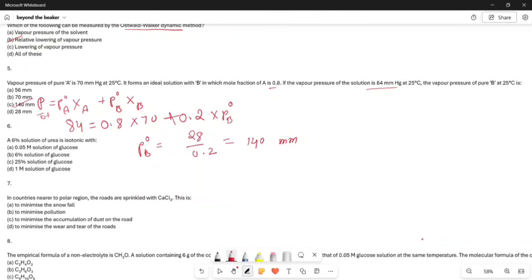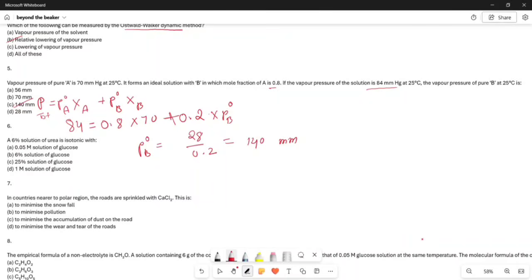Now listen to me. The question is based on Raoult's law for liquid-liquid mixtures. We are mixing two liquids, A and B. The partial vapor pressure exerted by liquid A plus the partial vapor pressure exerted by liquid B gives the total vapor pressure. The total vapor pressure is given, that is 84. Here PA naught is 70 mm of mercury and XA is 0.8.